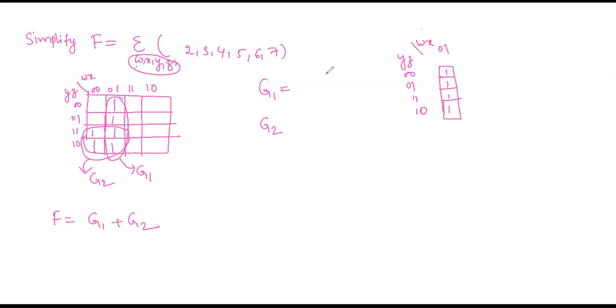W value 0 means you have to indicate it with complement, X value 1 means X. And Y value, look, 0 to 0, 0 to 1, so it is changing. So you should not take Y value. Z value 0 to 1 is also changing. So you should not take Z value. W and X values are constant. Whichever are the constant values, we have to take them. W is 0, X is 1.